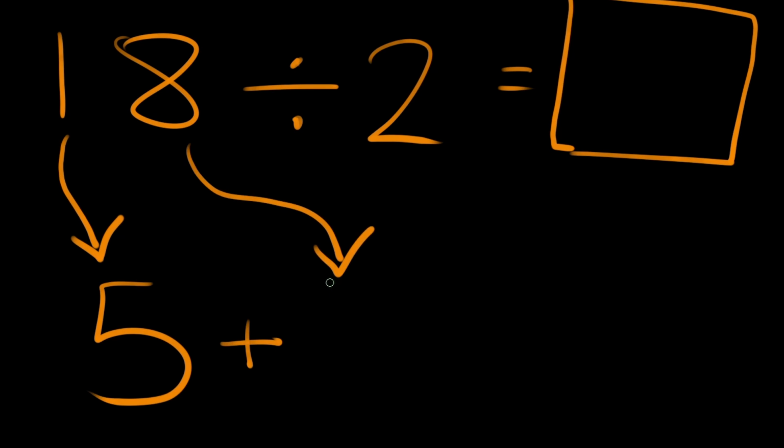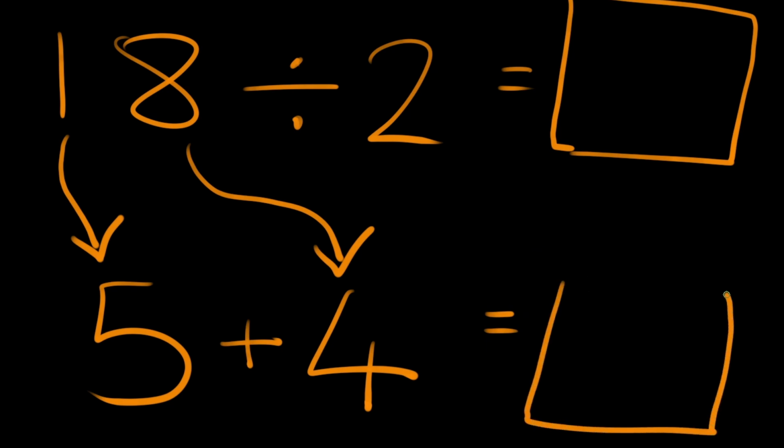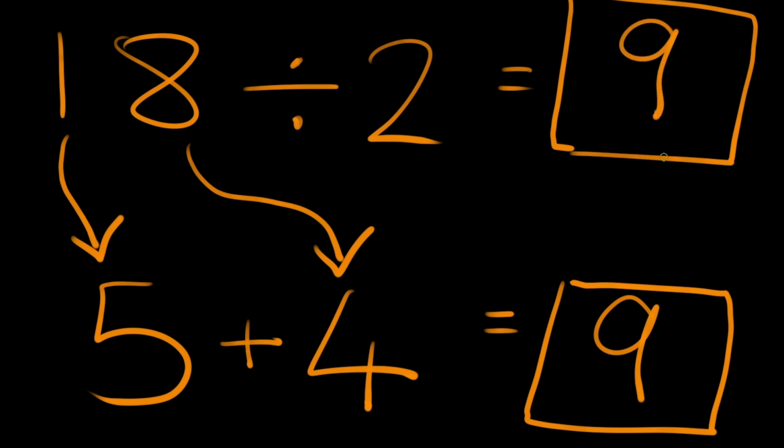Is half of 8 4? Half of 8 is 4. So we've created a replacement problem that's going to have the same answer. Now, would you agree that 5 plus 4 is a nice easy problem to solve? Yep. Yeah. What's the answer? 9. 9. So we would think of the problem as 5 plus 4 instead of 18 divided by 2, but we can put the same answer in the box there because this is going to be correct.